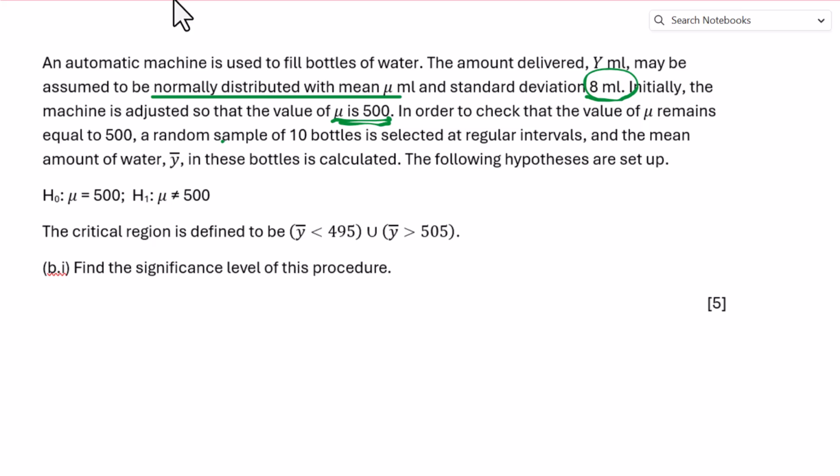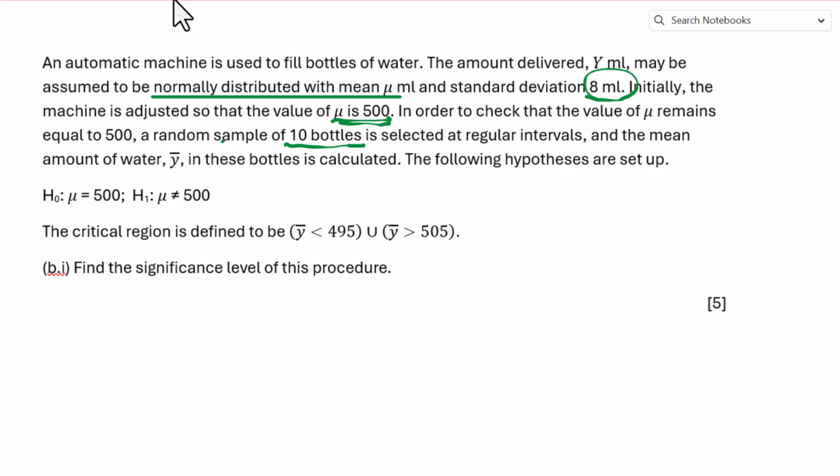In order to check that the value of mu remains equal to 500, a random sample of 10 bottles is selected at regular intervals, and the mean amount of water Y bar in these bottles is calculated. The following hypotheses are set up. The critical region is defined to be Y bar less than 495 or Y bar greater than 505.